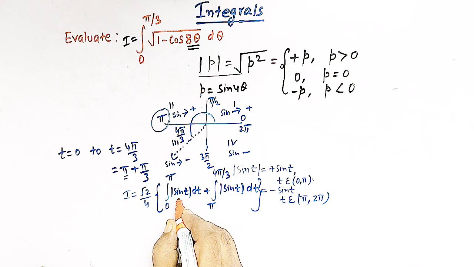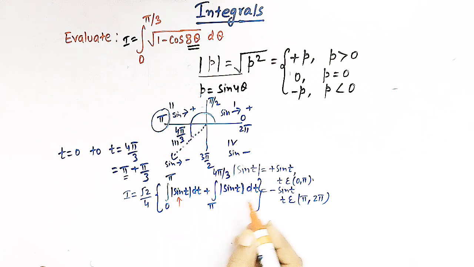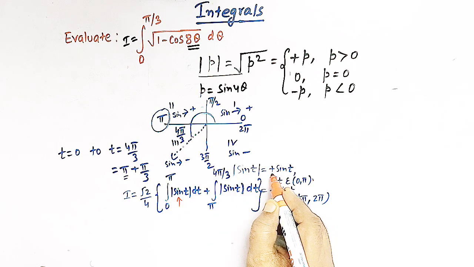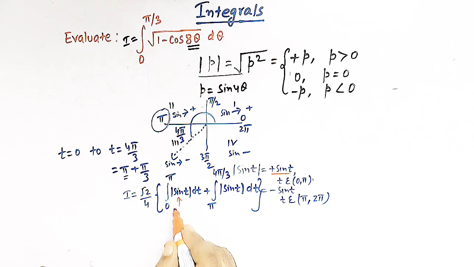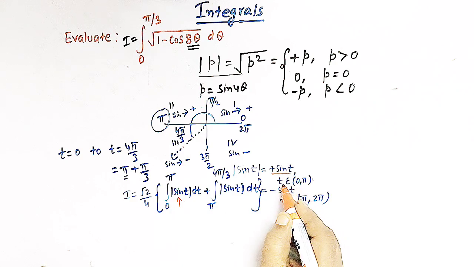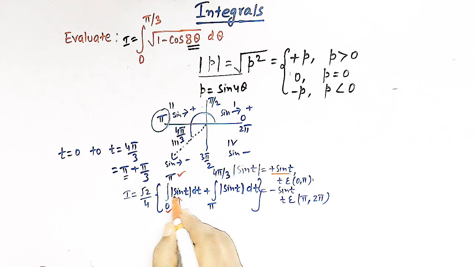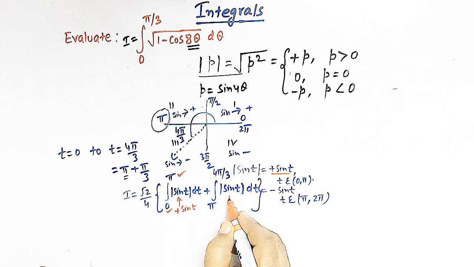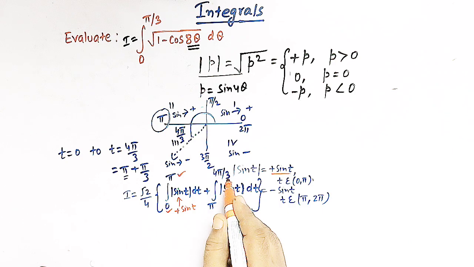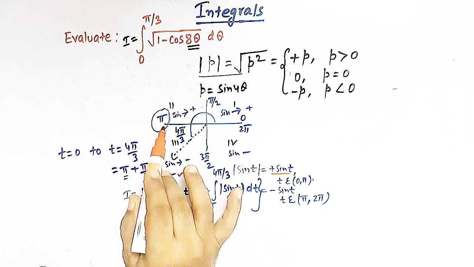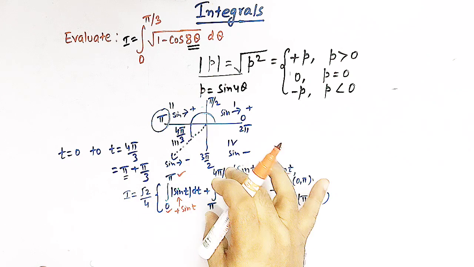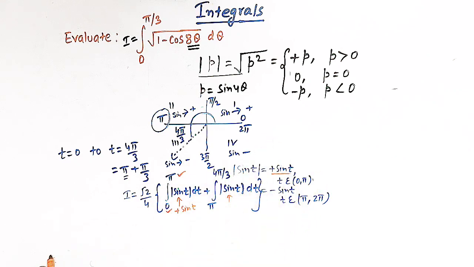So now in the first integral, mod of sine t can be replaced by positive sine t, because t varies from 0 to pi, right? So here mod of sine t can be replaced by plus sine t, and in the second integral the limits vary from pi to 4 pi by 3, right? It means we are in the third quadrant, right?